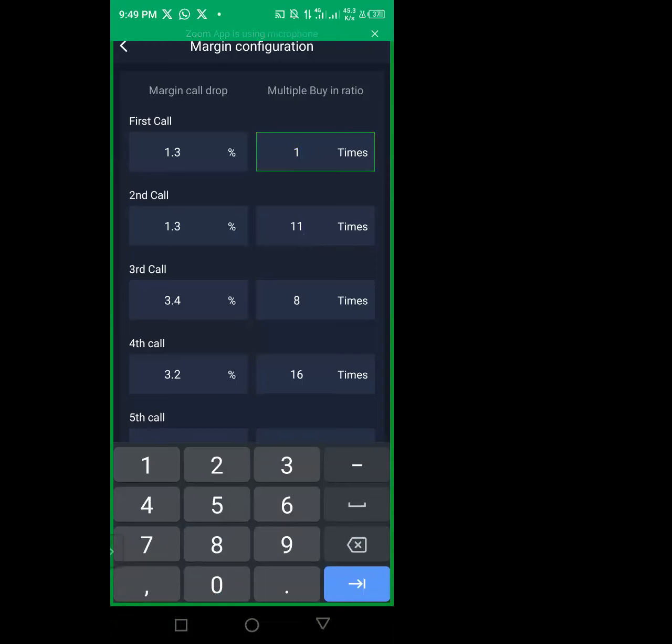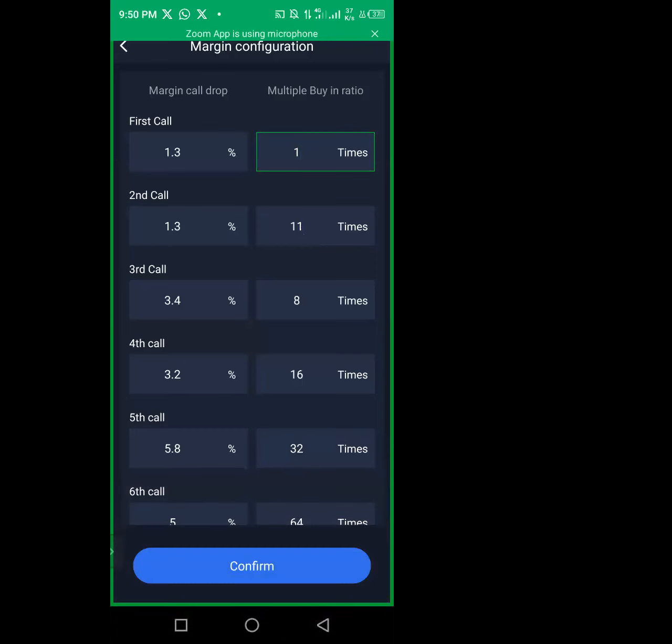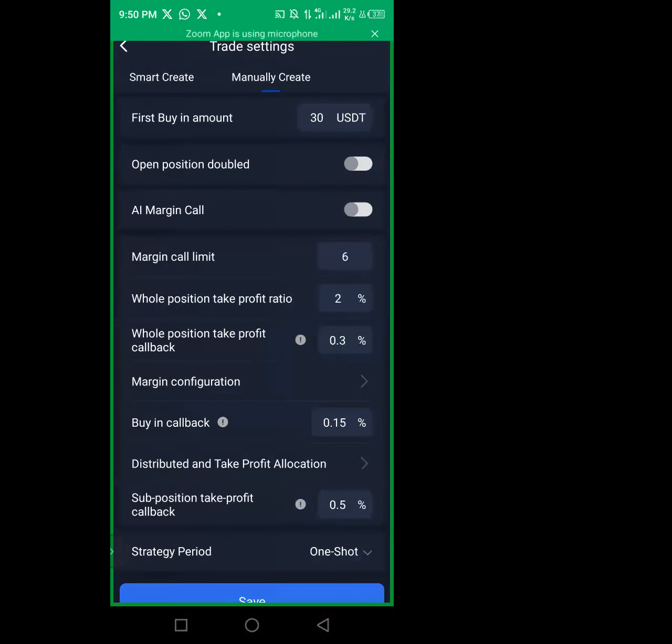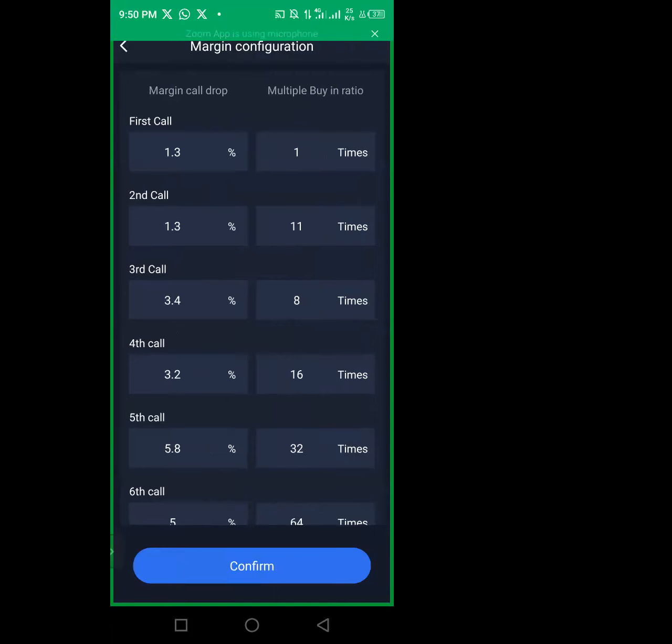If, for instance, you put 1 here, the robot will do 1 times your first buy, 1 times anything you put inside this box for the first call. If this coin reduced by 1.3, the robot will go to your Binance and use 1 times your first buy, which is 30. So 1 times 30 is 30. The robot will use 30 to buy your first margin call. But that is not what we want.